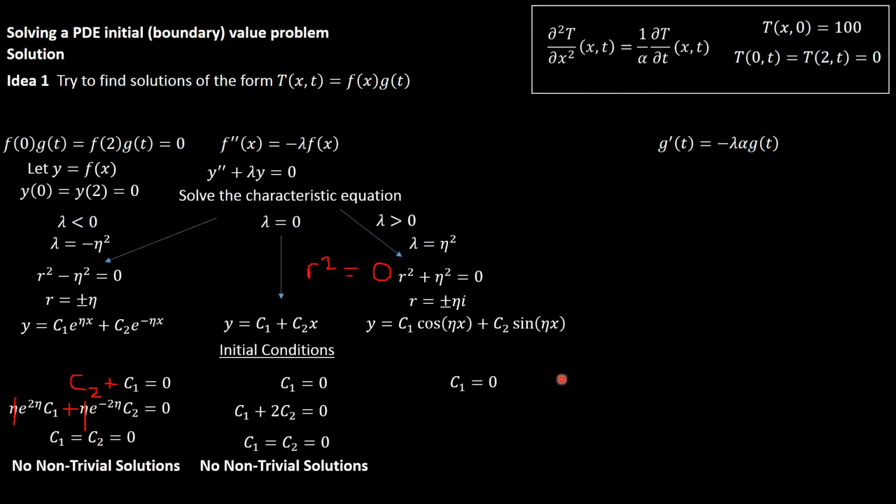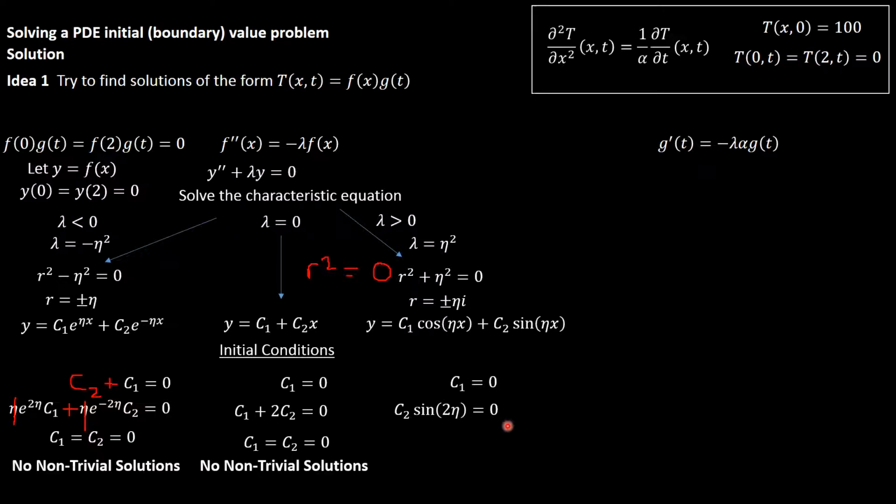Finally, applying these initial conditions, y of 0 equals y of 2 equals 0, if lambda is greater than 0, we have C1 equals 0. But then we have C2 sine 2 eta equals 0.